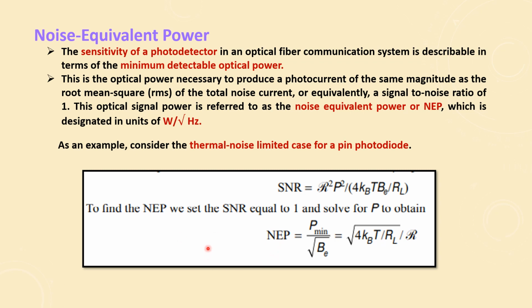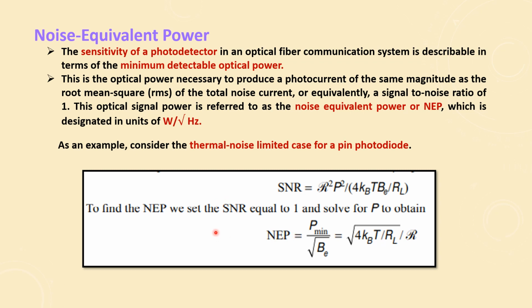For example, this is the thermal noise limited case for a PIN photodiode. We can find this noise equivalent power using the formula root of 4 kBT by RL, divided by R, where R is the responsivity, RL is the load resistance, and T is the temperature. I'll repeat it once again.